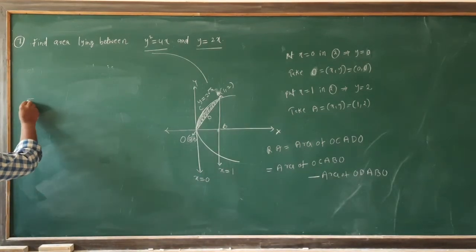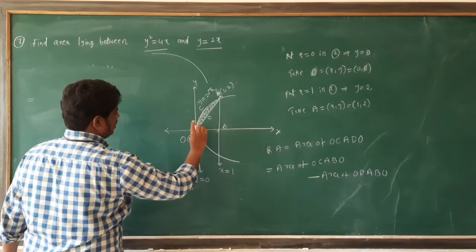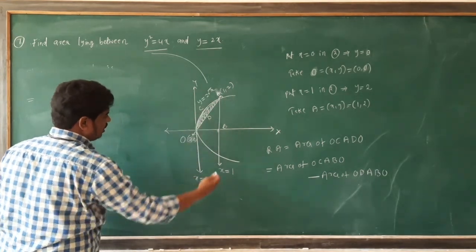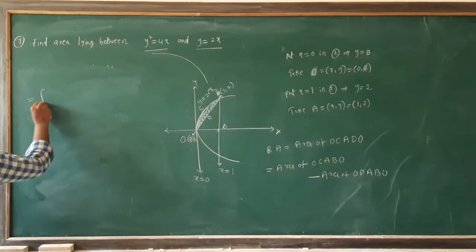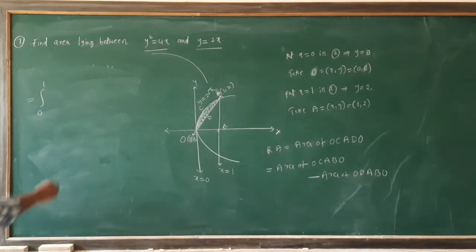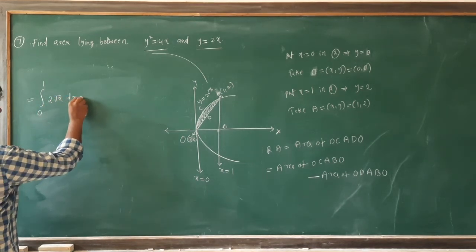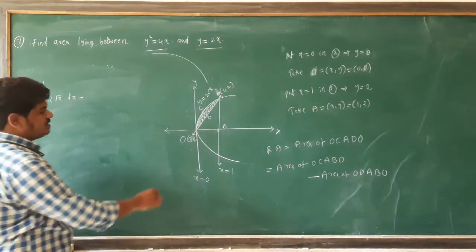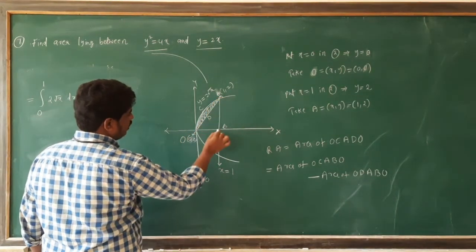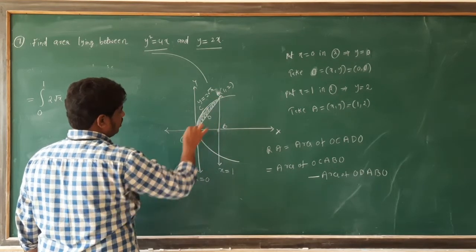This region is above the x-axis, below the curve, in between the two vertical lines x equals 0 and x equals 1. So the integral from 0 to 1 of 2 root x dx, minus the region ODABO, which is above the x-axis and below the line.